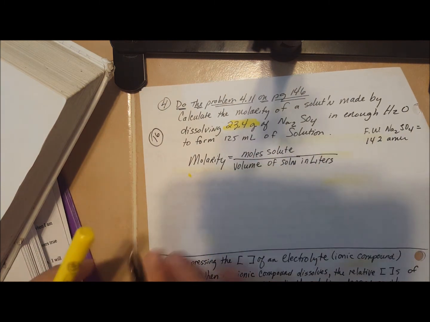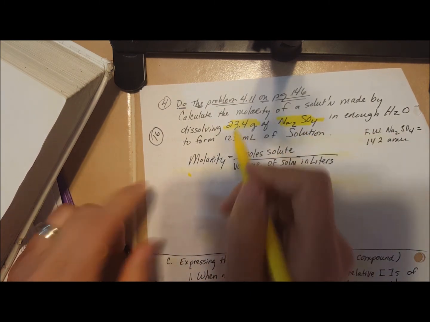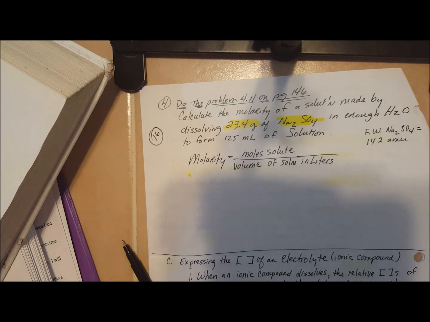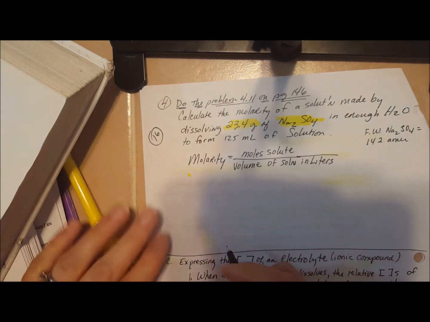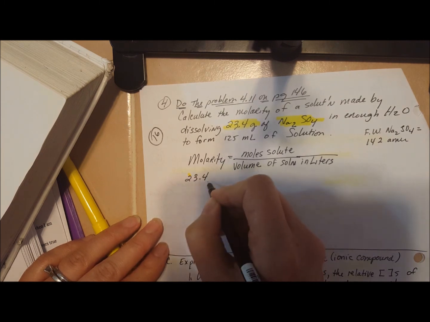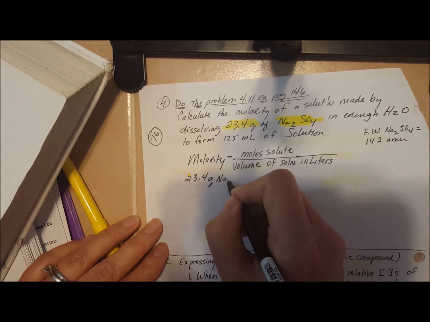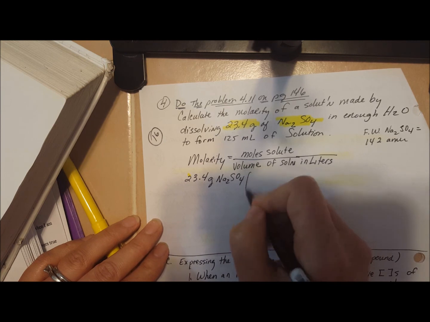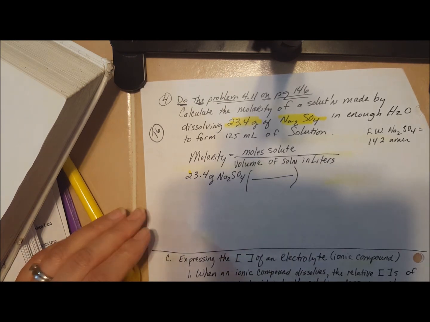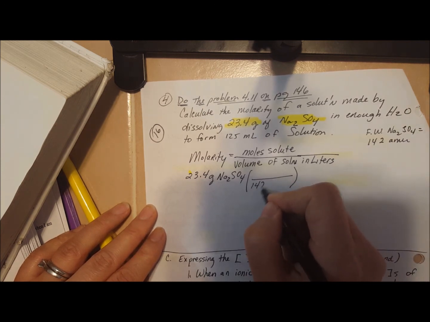So here's our solute, sodium sulfate, convert that to moles. And the way that we convert it to moles is we do dimensional analysis, and we write down 23.4 grams of the solute, and we set up a conversion factor, and we know that the formula weight for sodium sulfate is 142.